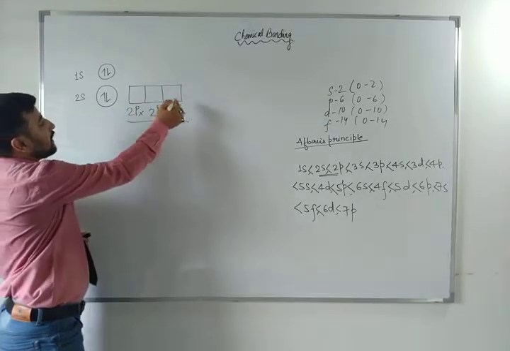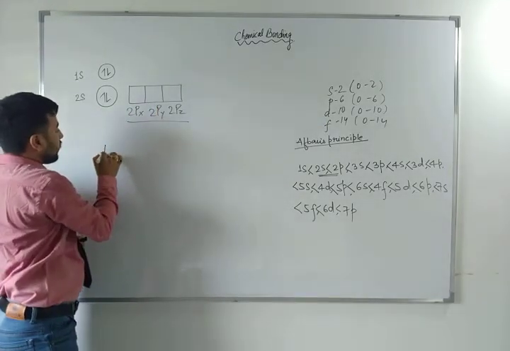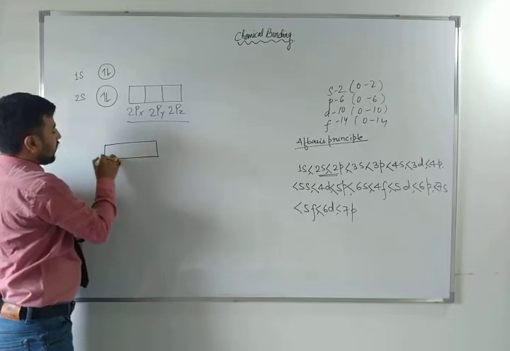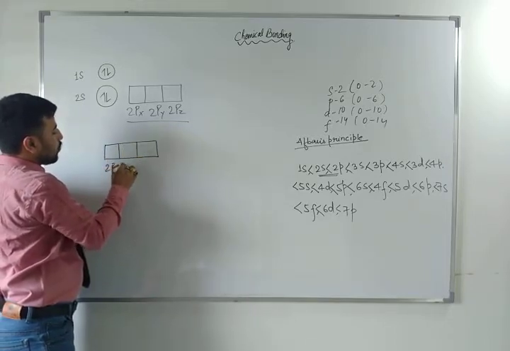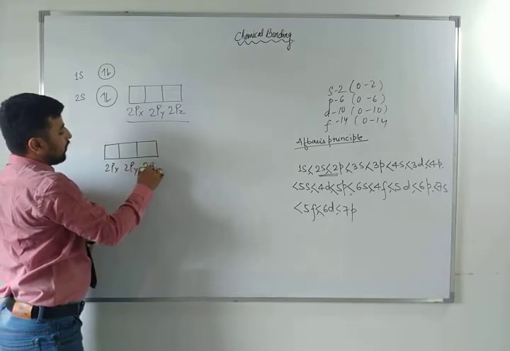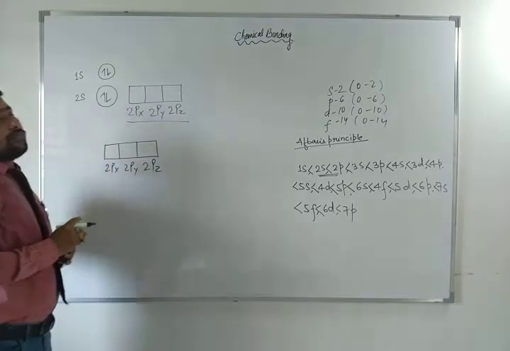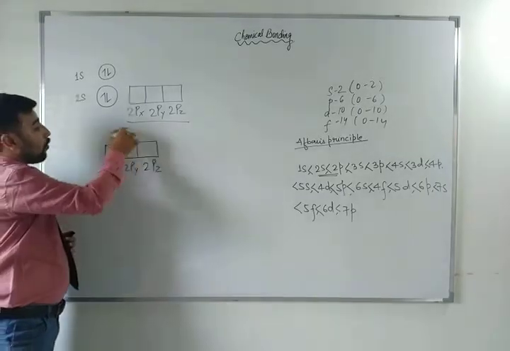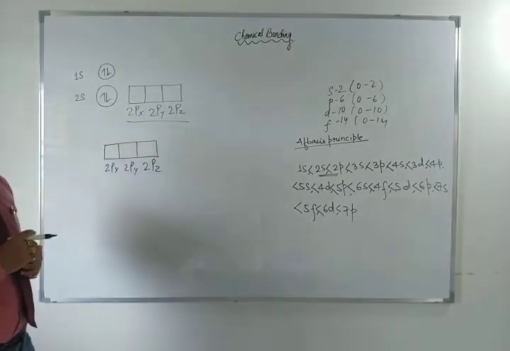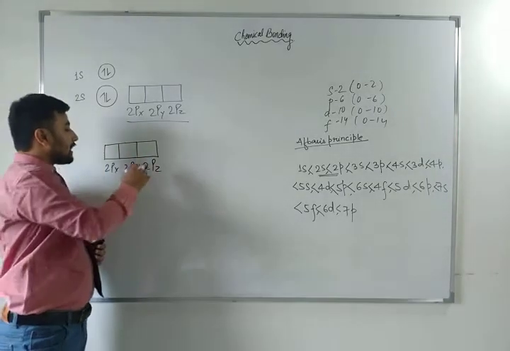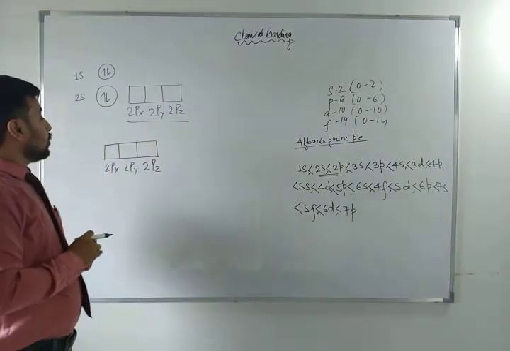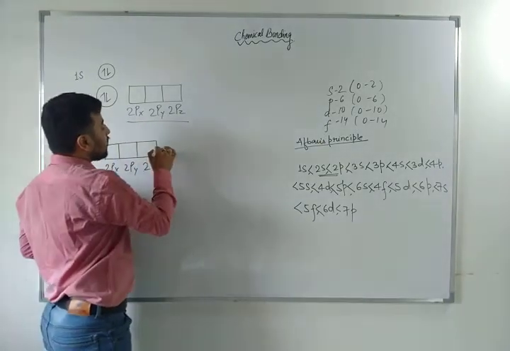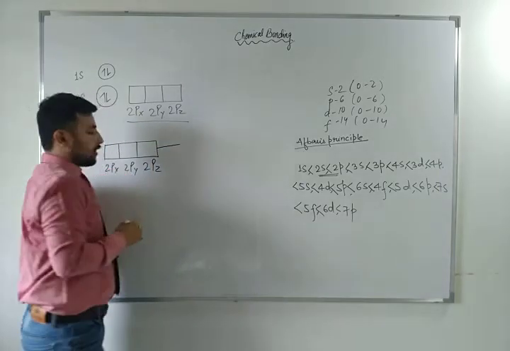If you split this energy, 2px, 2py, 2pz, and these are only about the 2p, where 2p means up to 6 electrons, here they will split into two parts.